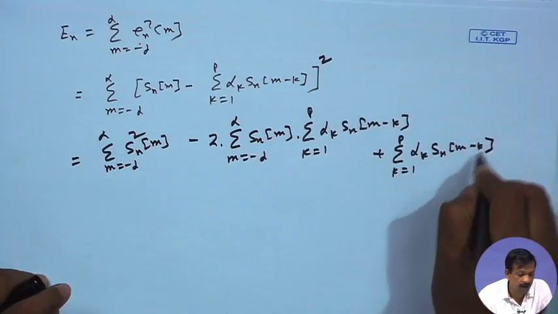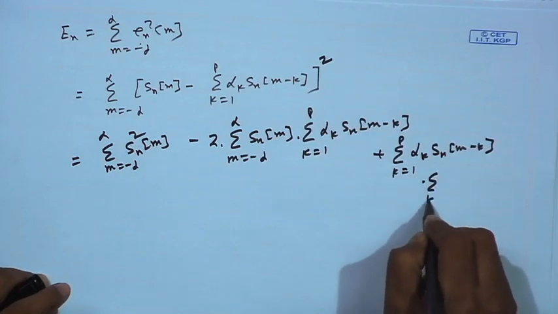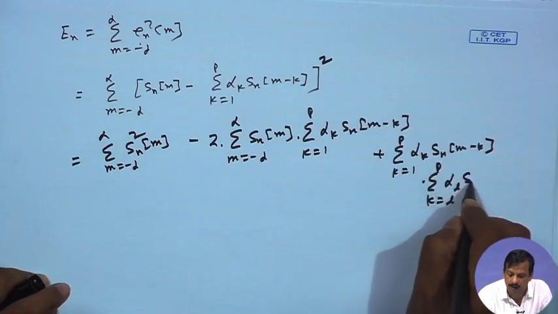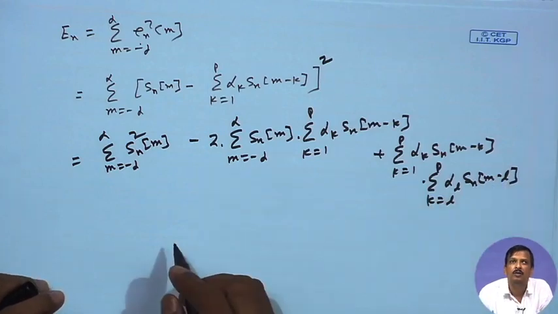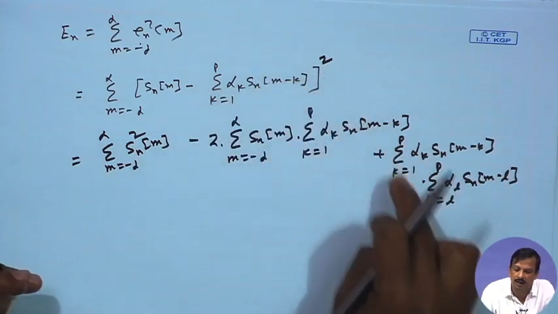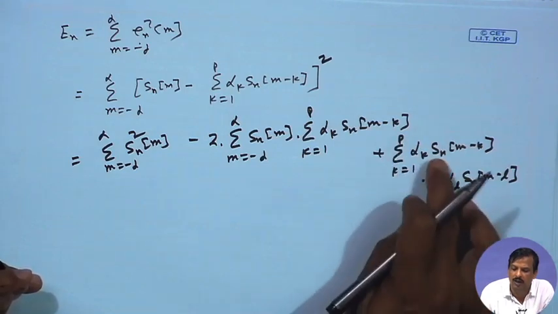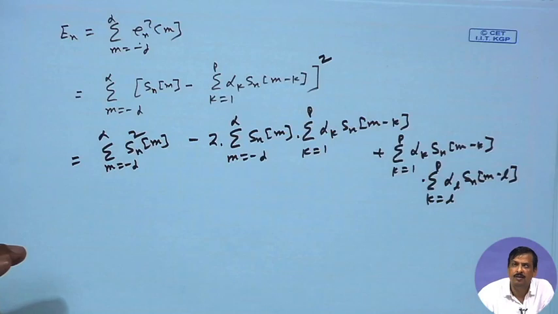The square of this means the sum over k and the sum over l equal to 1 to p of alpha l s n of m minus l, so two summation terms, multiplied together.